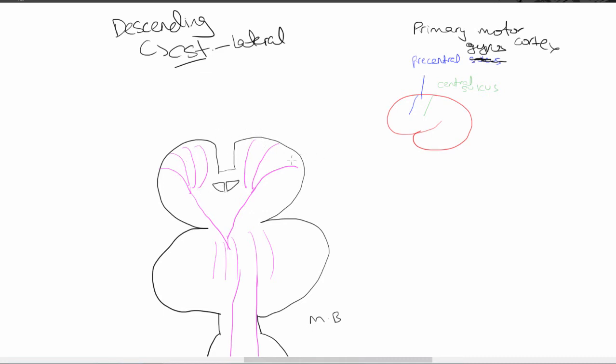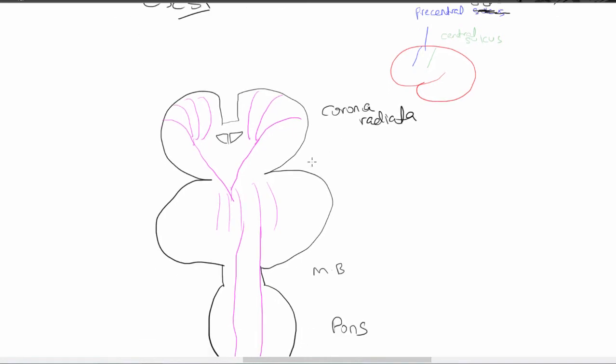Initially they go through the corona radiata, and it'll work its way down, and the fibers will get compacted and go through the internal capsule. So that's also white matter fibers.